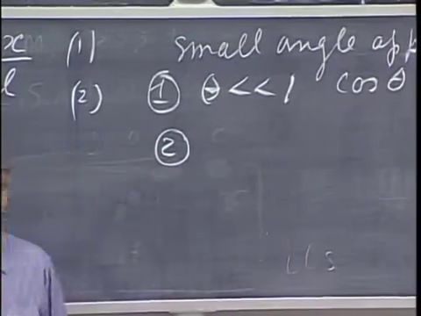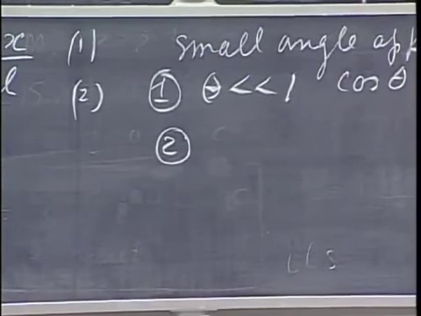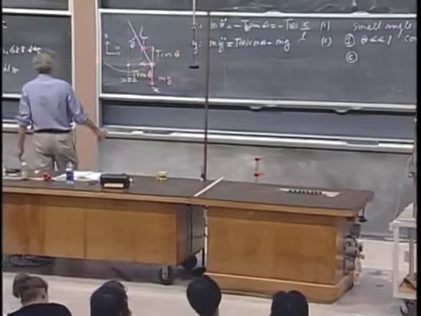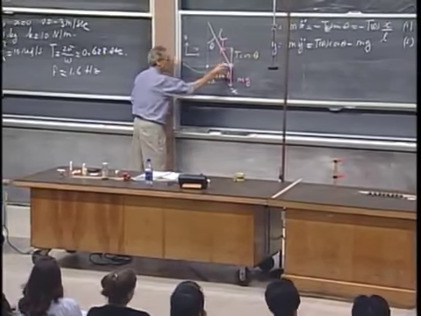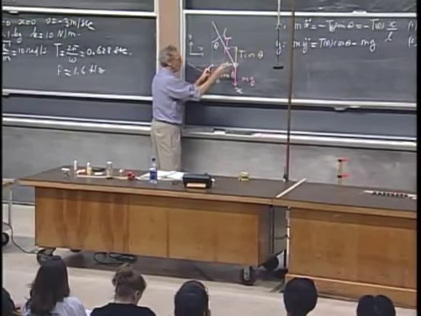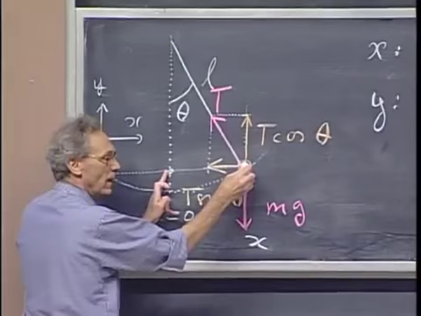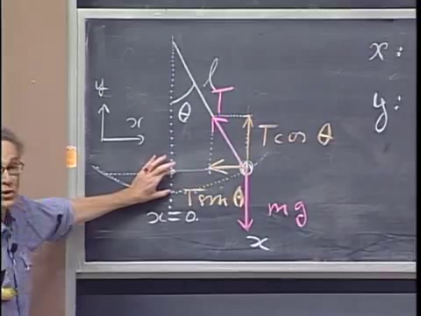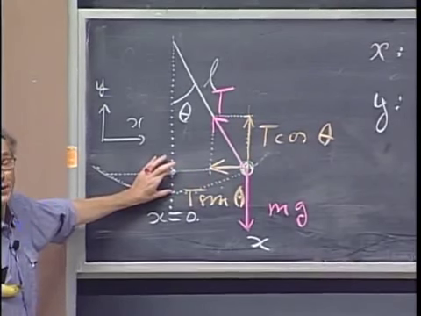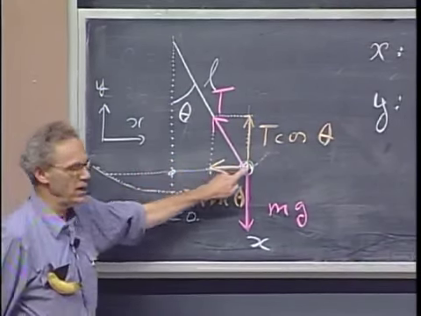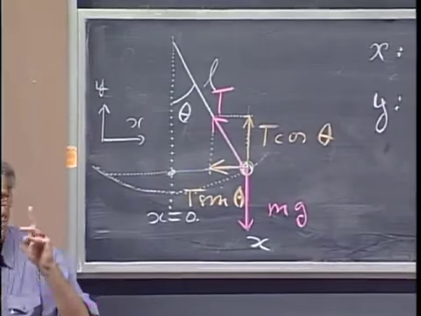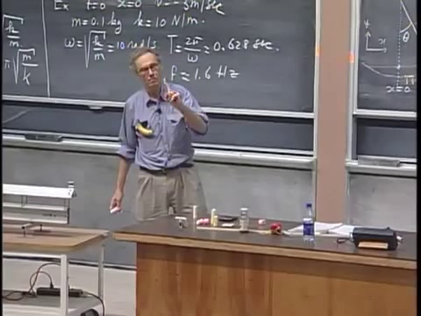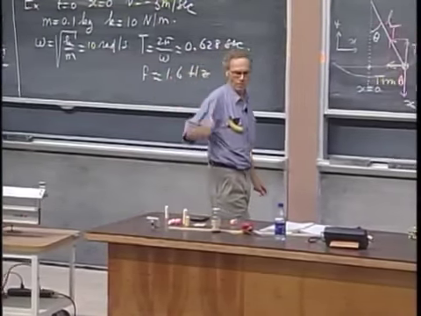But there is a second consequence of the small angle approximation. Look at the excursion that this object made from equilibrium in x direction. That's this big. Look at the excursion it makes in the y direction. It's this small. It's way smaller than the excursion in the x direction, provided that your angle is small. I'll give you an example.